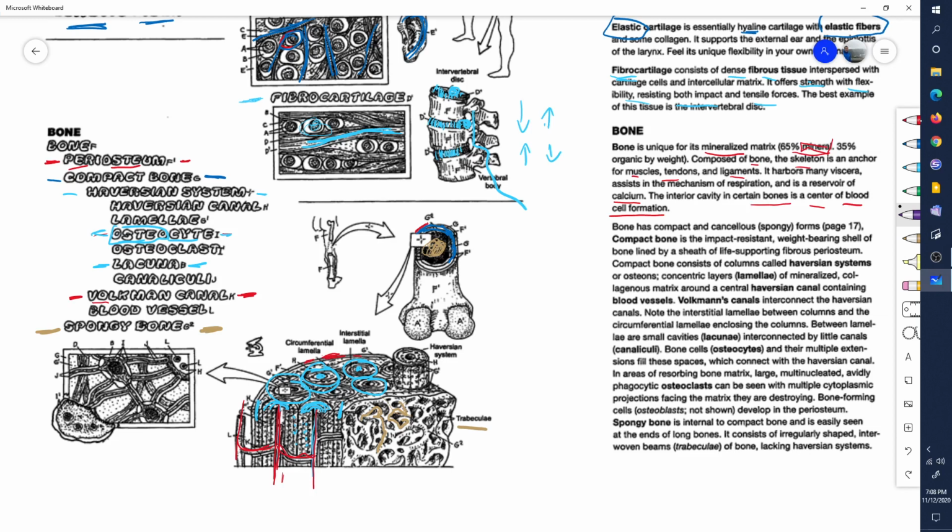One more thing that's not shown here is the osteoclast. The osteoclast is a special type of bone cell. Maybe they are shown somewhere. Let's look for osteoclasts. Here's an example of an osteoclast over here, letter I. I suppose it's this little drawing right here.